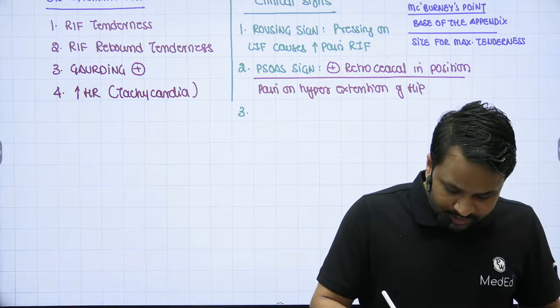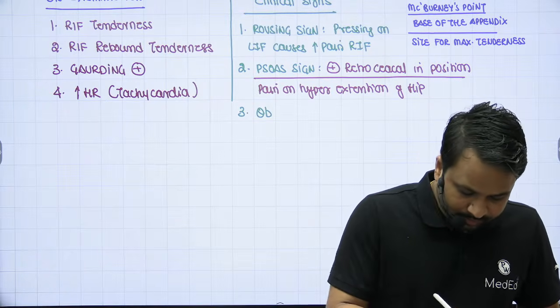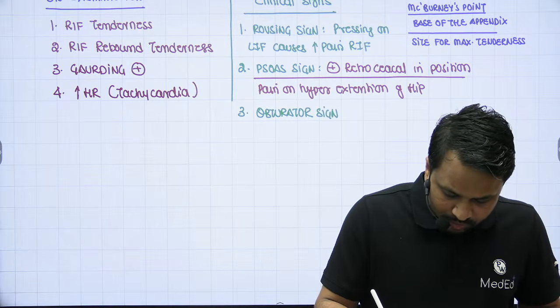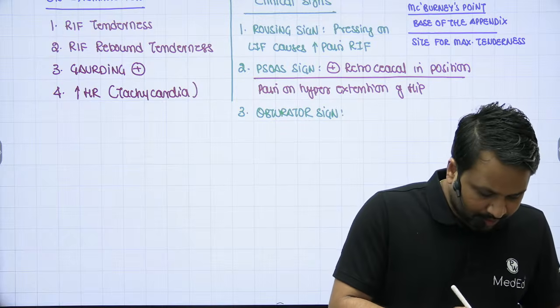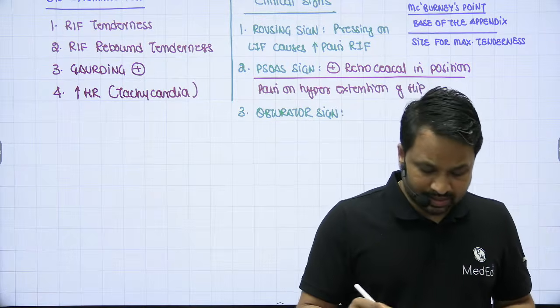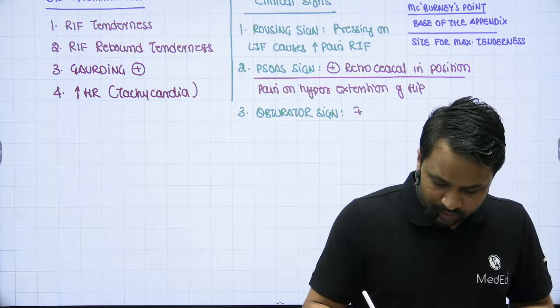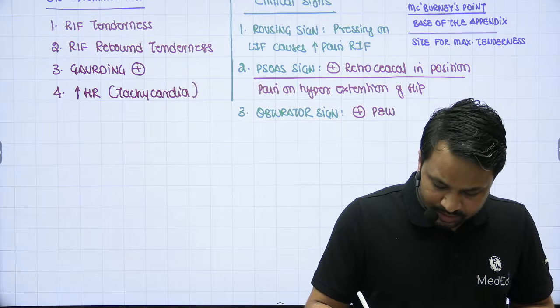The next one that you have is the obturator sign. Again, this is for an appendix which is pelvic in position.